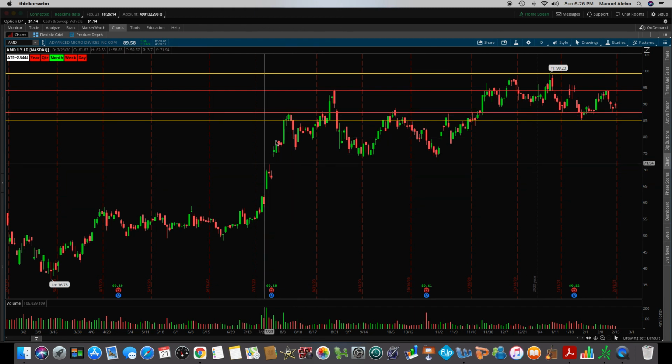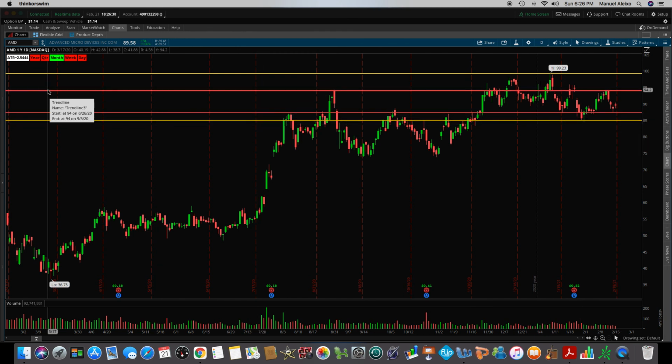AMD moved up here on August the 7th, failed to go any higher. It finally broke, then came back down, went up again to that failure, came back down, went up again to that failure, came back down. So clearly, we have a lot of support here. Let's see if AMD could start marching up again.